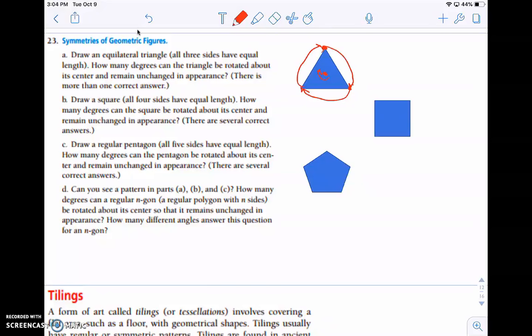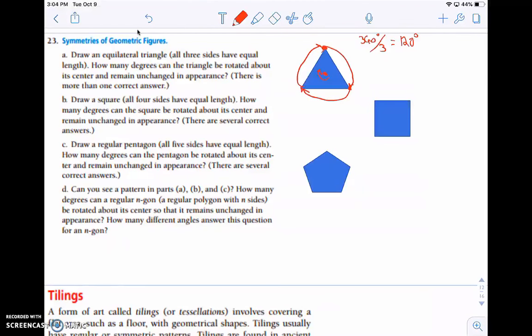So what we can do is take 360 degrees, and if we divide that by 3, that gives us 120 degrees. That turns out to be the angle at which we need to rotate this thing in order to get the rotational symmetry here.